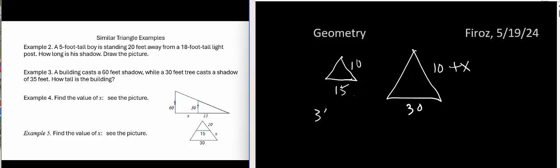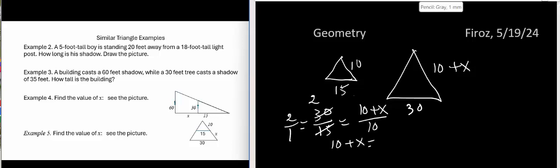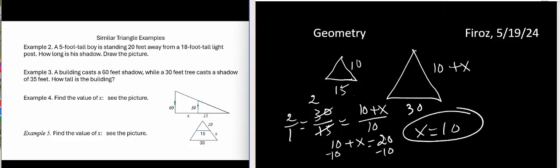So then easily you can say 30 over 15 equals 10 plus x over 10. So then you can simplify this one to 2. So you can write this one as 2 over 1. Do the cross multiplication. So then you get 10 plus x equals 2 times 10, which is 20. Subtract 10 from both sides. So then you get x equals 10, and we are done.